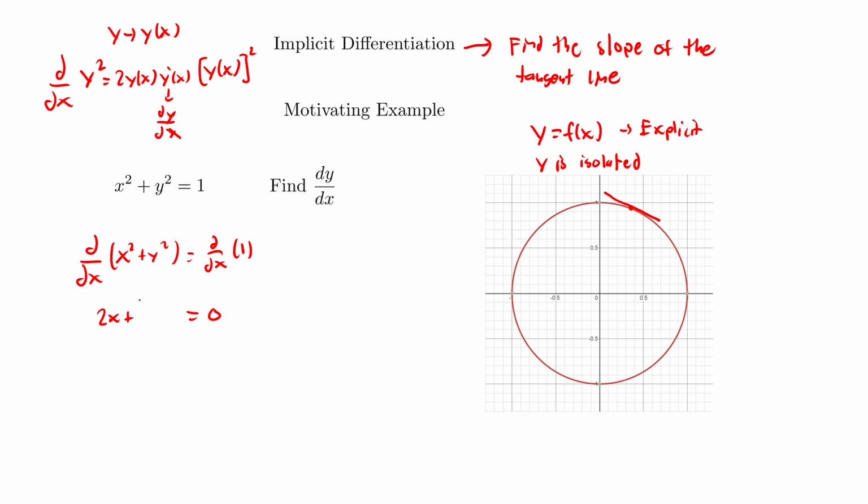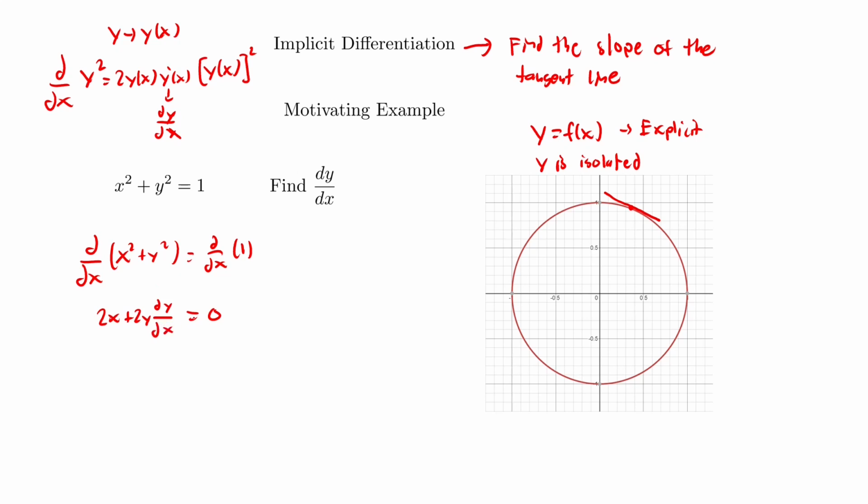So when you take the derivative of y squared here, we're applying the chain rule. We're assuming that y is in and of itself a function of x. So this is going to be 2y, and then we can either write y prime of x, or we can just write dy dx. And we get something like this.